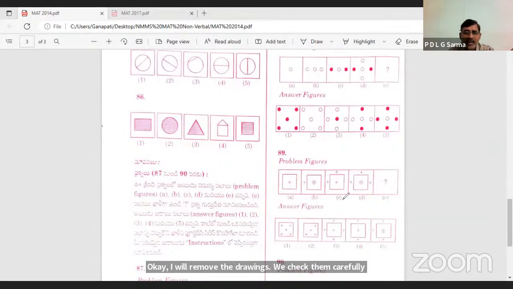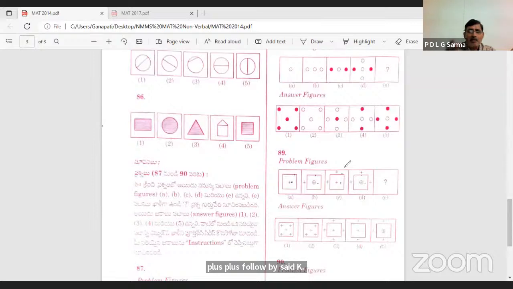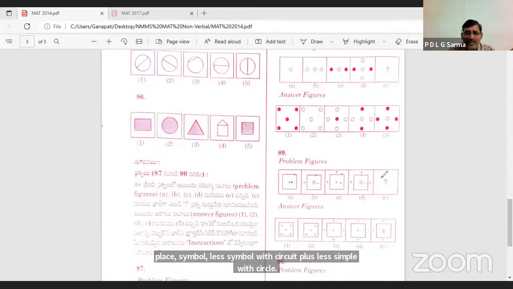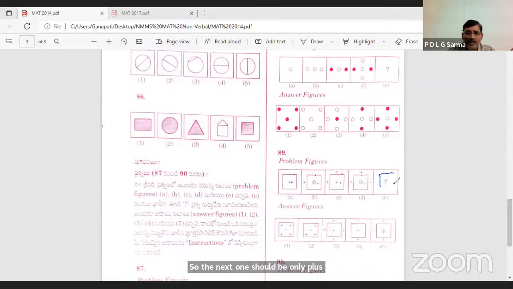The simple thing to understand here is that all the figures contain a square. Inside the square, you observe plus followed by circle, again plus followed by circle. What is happening? It alternates: plus symbol with circle, plus symbol only. So the next one should be only a plus inside. The square is compulsory, then only a plus inside.